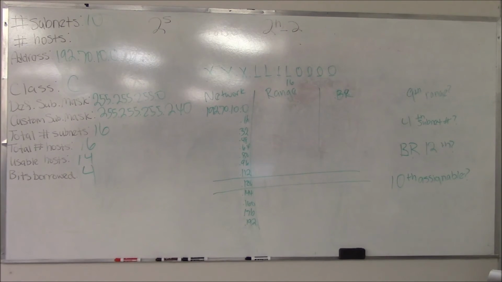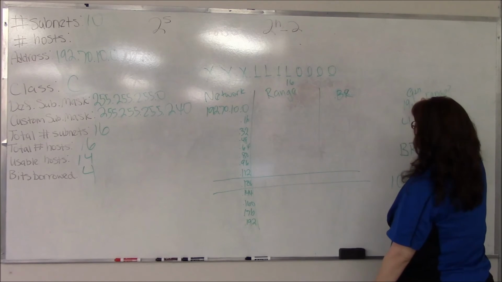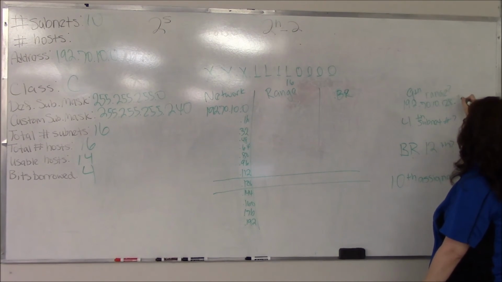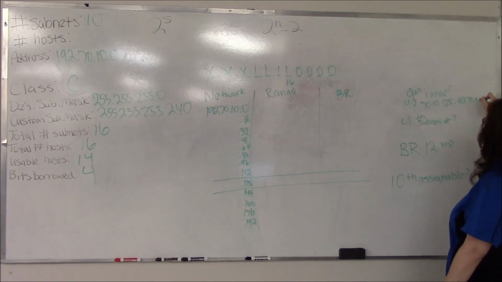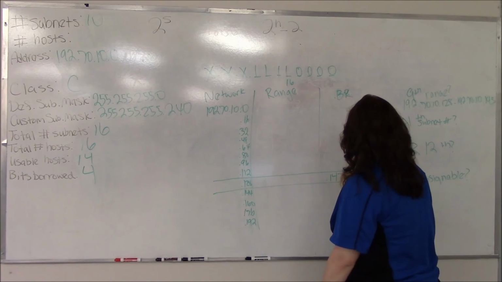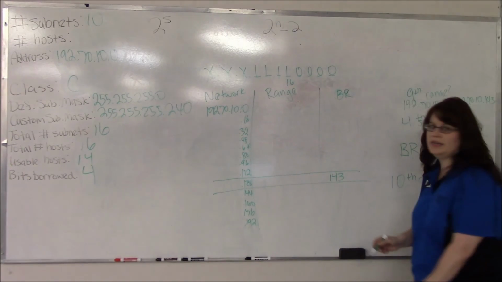We have 192.70.10.128 to what? 143. 192.70.10.128 to 192.70.10.143. So it asks for the whole range, not the assignable range. It wants beginning to end.